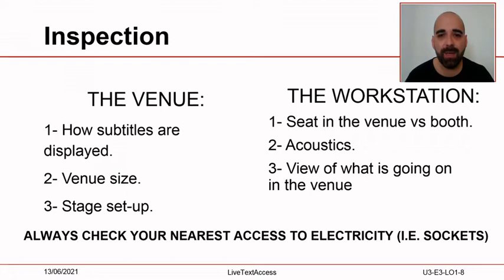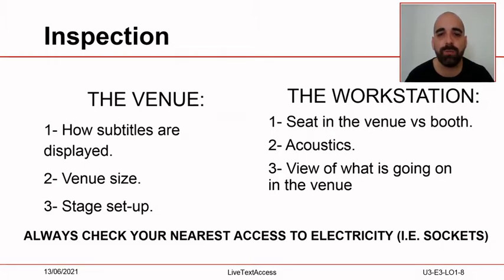The first step is the inspection of the venue, with special attention to be paid to the workstation. This is especially important in cultural events because the subtitler usually works on site and the subtitles are displayed to the audience on a screen. It can also be useful if you work on site in educational settings or in a workplace.